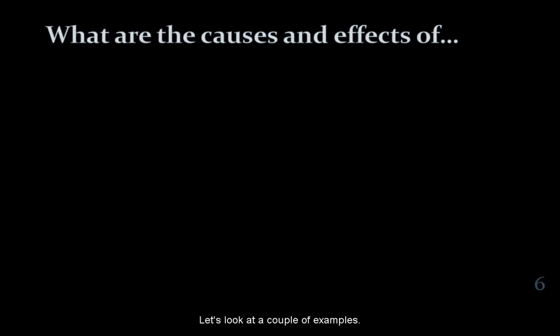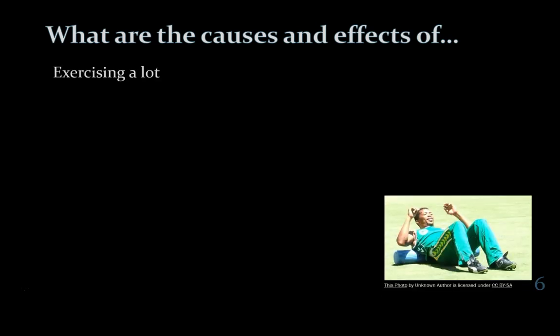Let's look at a couple of examples. What are the causes and effects of exercising a lot? In previous lectures, we've discussed the different categories of causes and effects, and we've also talked about making sure that we identify both positive and negative effects of things. So let's look at some positive effects.